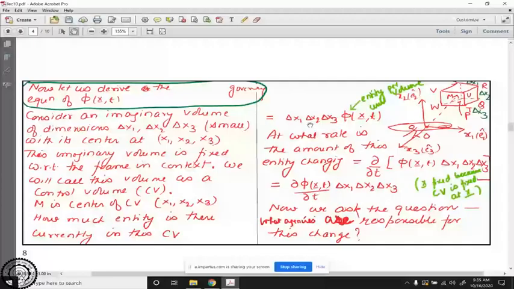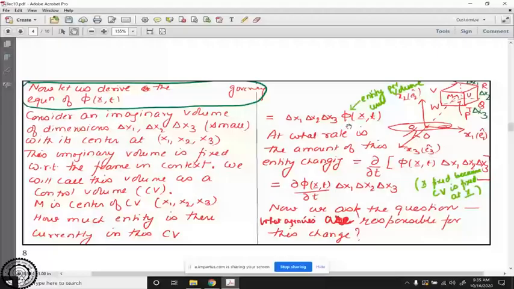This expression will not hold if the control volume becomes very large. There you will have to do an integration of the instantaneous local phi(x,t) over dx1, dx2, dx3. We are not getting there because it is a small control volume.